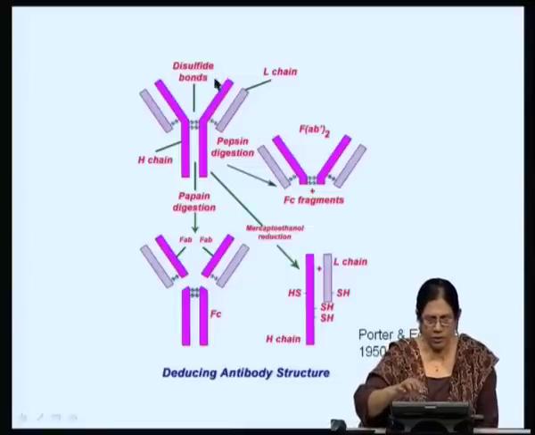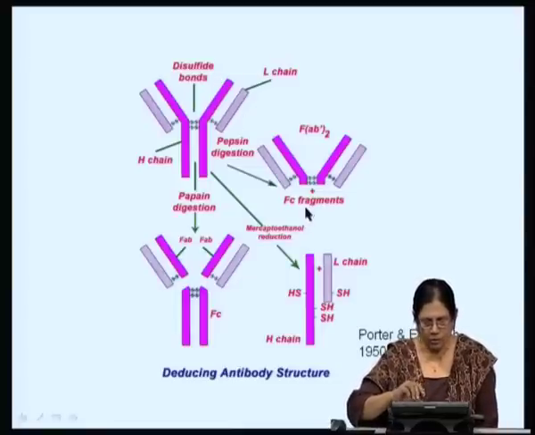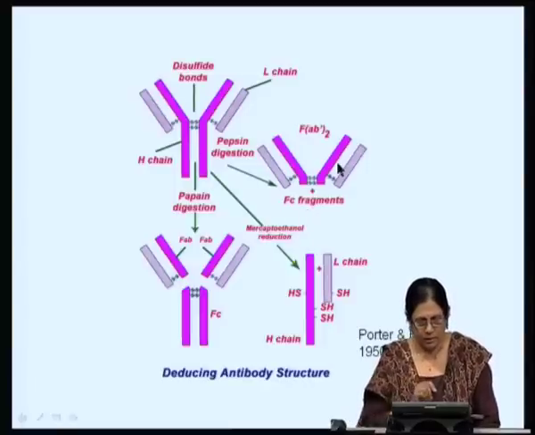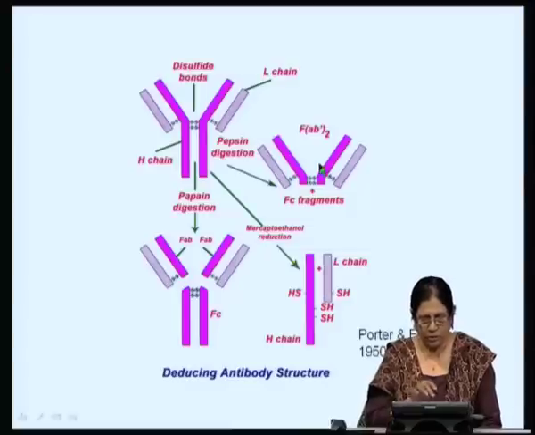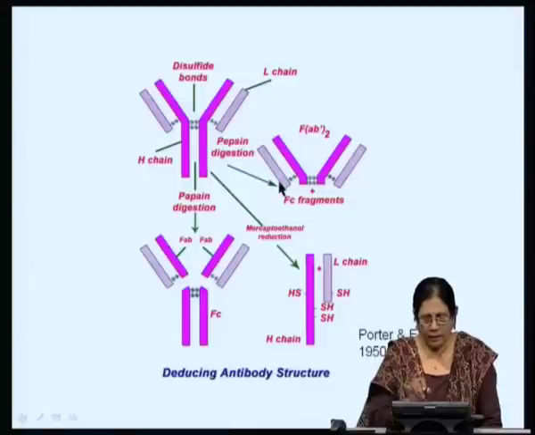In addition to these experiments, they were also digesting the proteins with different enzymes, and they were able to come to a good conclusion with respect to the structure by digesting the molecule with pepsin or papain.